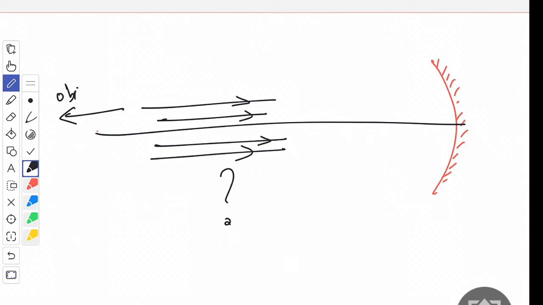Okay, good, excellent questions. Thank you for asking. Let's start with Shweta's question. Shweta says, "Sir, what does it mean when the object is at infinity?" Shweta, it means the object is very far.